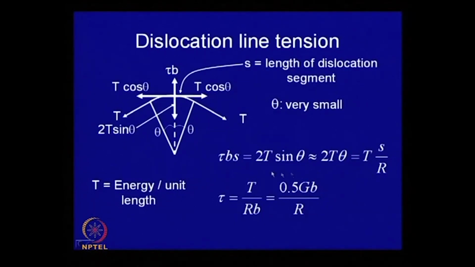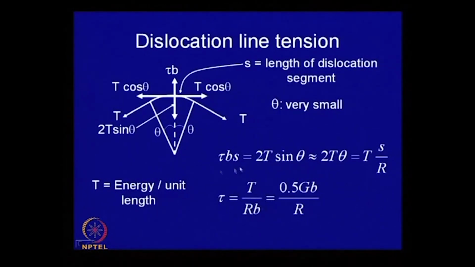Equate the two, and remembering that theta is very small, it can be represented as S over R. So, basically this S cancels out, and approximately the shear stress comes out to be T over R b, where R is the radius of curvature of the dislocation.